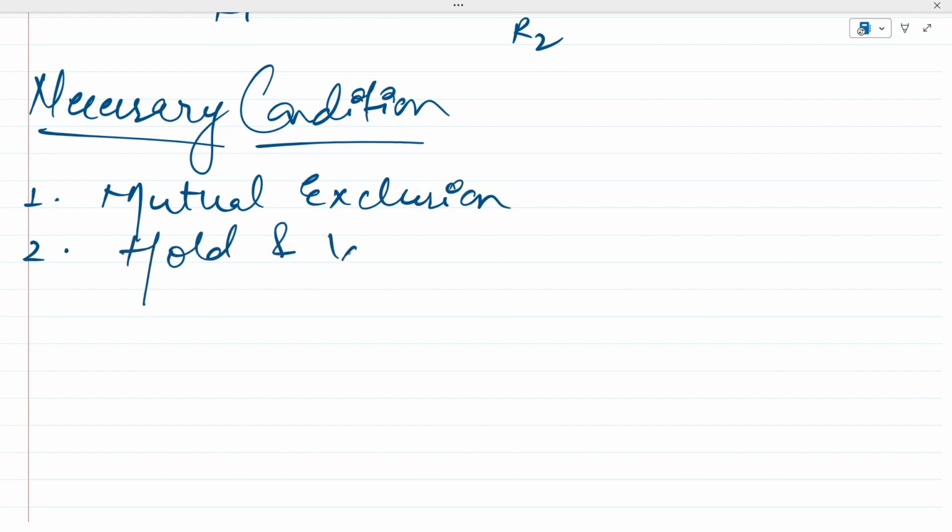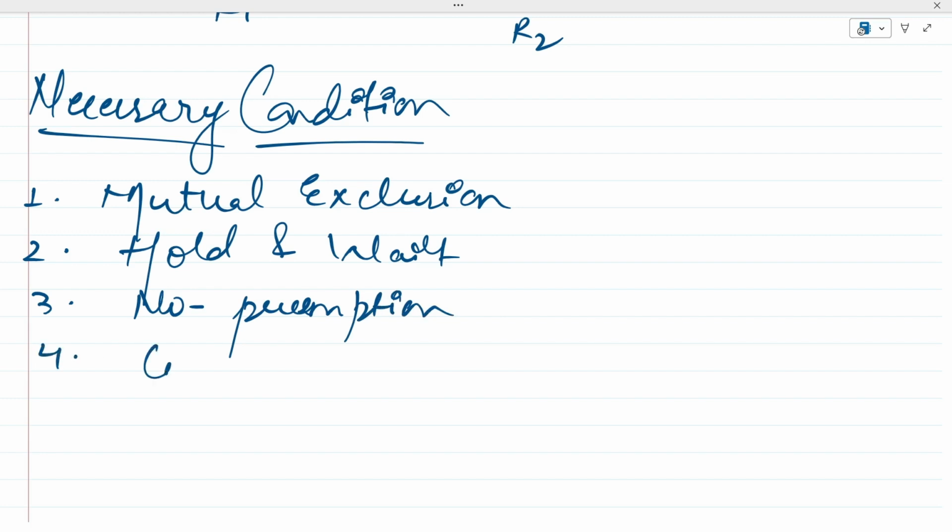The third one is called no preemption. And the fourth one is called circular wait. Now let's understand these in detail: what exactly are mutual exclusion, hold and wait, no preemption, and circular wait. First of all, we understand mutual exclusion.